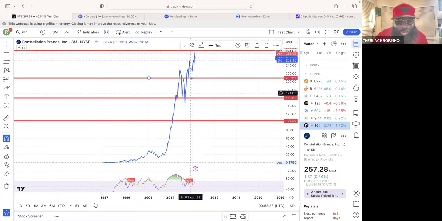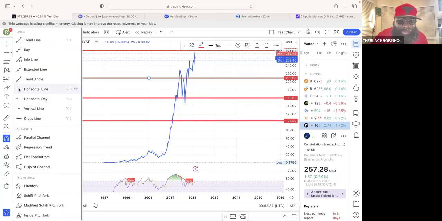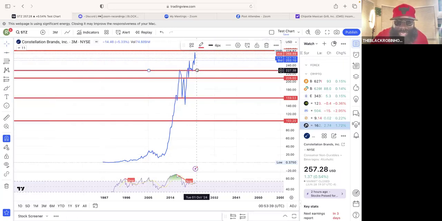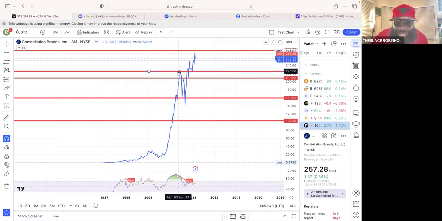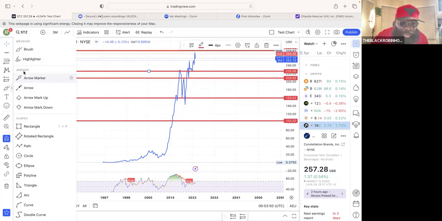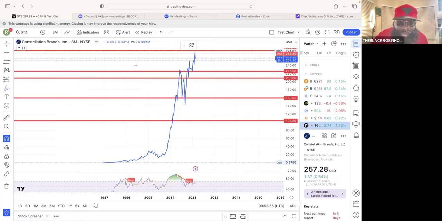So you see, once I switched it, now I can see points where the market connected. When I say connected, this level right here and this level here, let me see if I can draw. How do you draw? Brush, highlight. Okay, let me highlight.